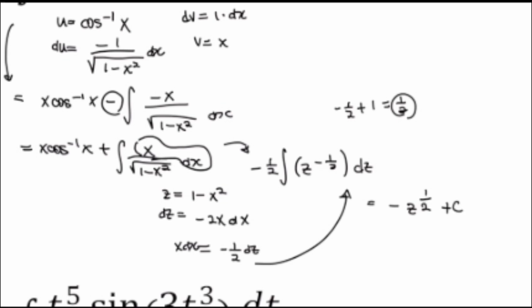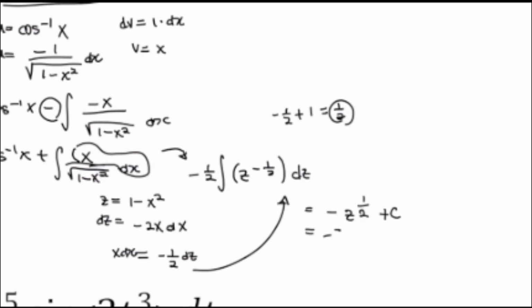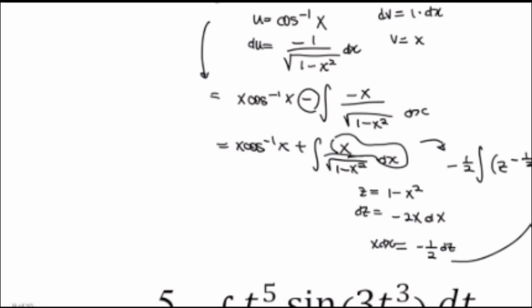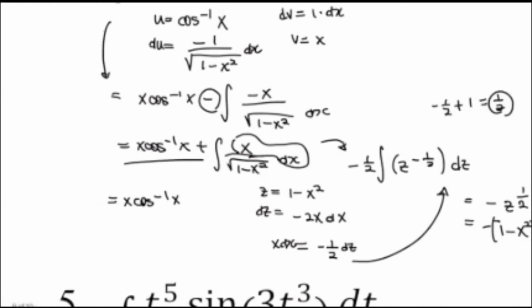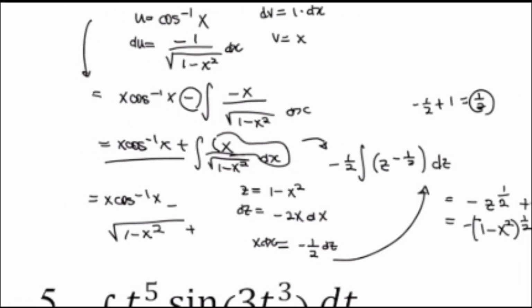So we get negative z, and we substitute this back in: negative 1 minus x squared to the power of 1/2 plus c would be our integral from the second part. Combining with the first part, we get the answer of x cosine inverse x minus the square root of 1 minus x squared plus c. So this would be our answer for number 4.